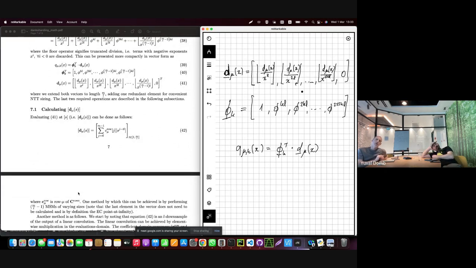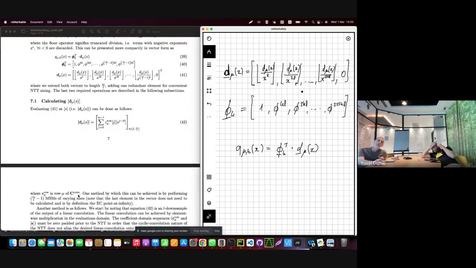And actually, vector D can be sampled at the secret point.